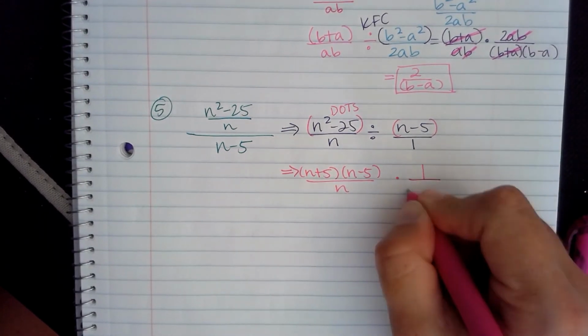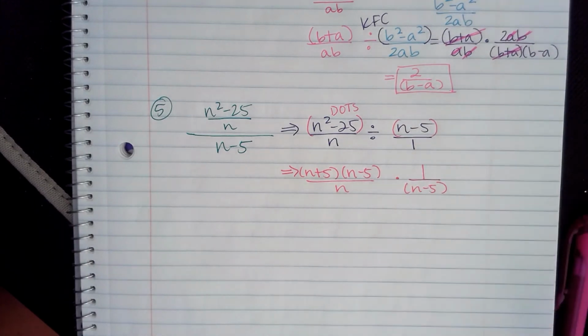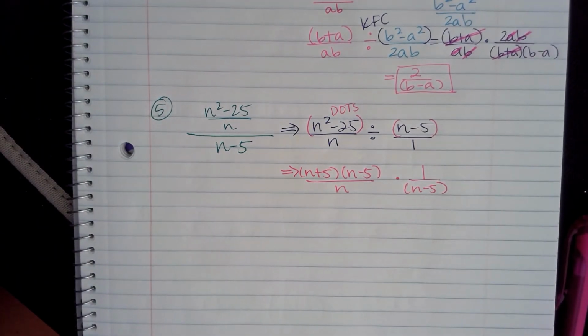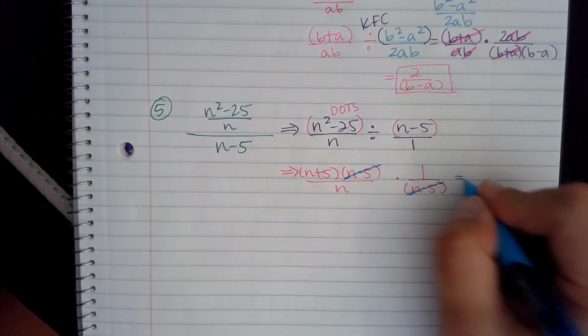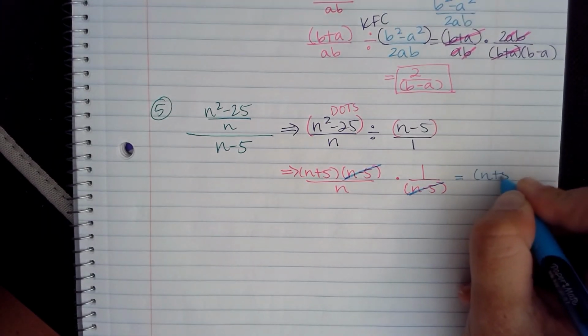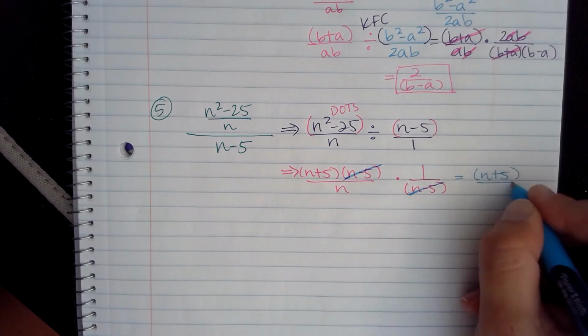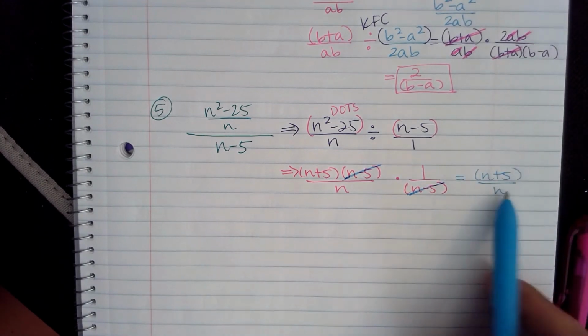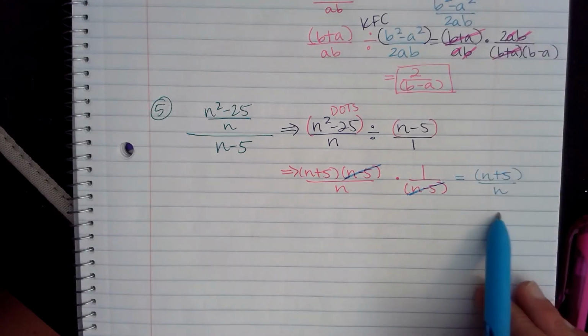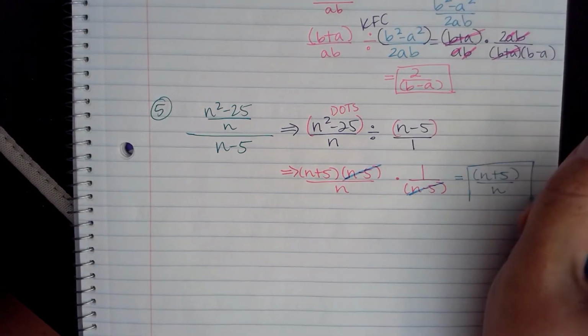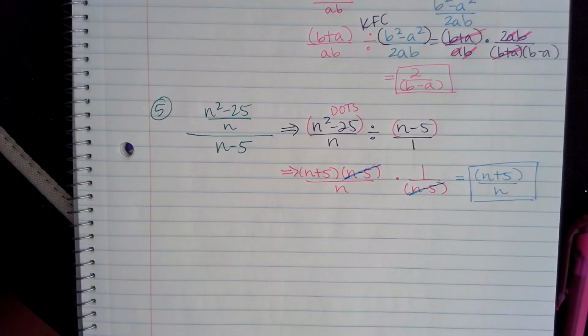Keep flip change, 1 over n minus 5. And then right here I can cancel the matching factors. And I'm left with n plus 5 over n. And remember, these n's cannot cancel because this n is attached to the plus 5 and this is not. And that is my final answer.